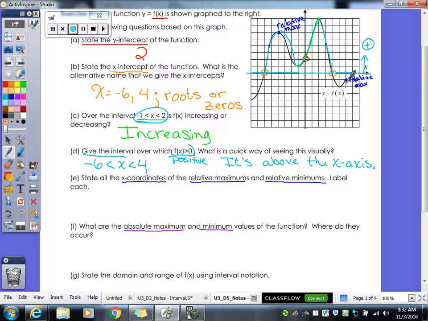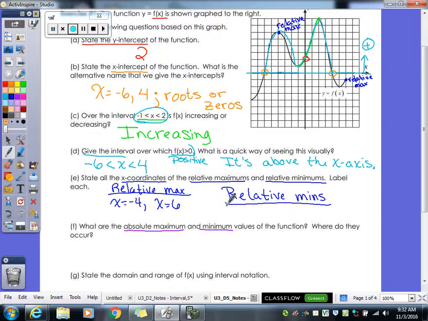So for our relative maxes, our x-coordinates would be 1, 2, 3, 4, negative 4. And then for our other one, it's at 1, 2, 3, 4, 5, positive 6. And that's where our two relative maxes are. So let's find our relative mins.